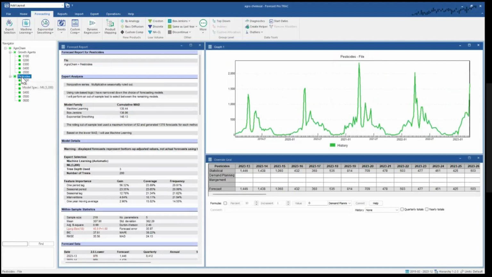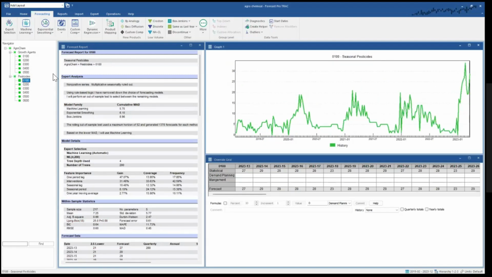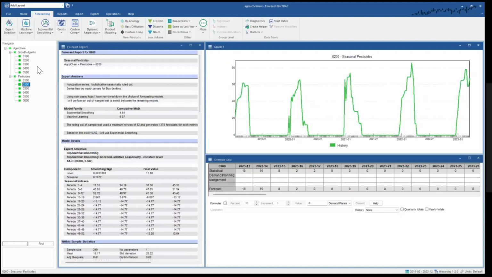They also sell pesticides, and these are even more pronounced as we look through them. You're going to find certain products that are just not sold at certain times of the year. So this is all zero, but they have this kind of season where they do sell. And it starts and stops at different times depending on things like the weather.